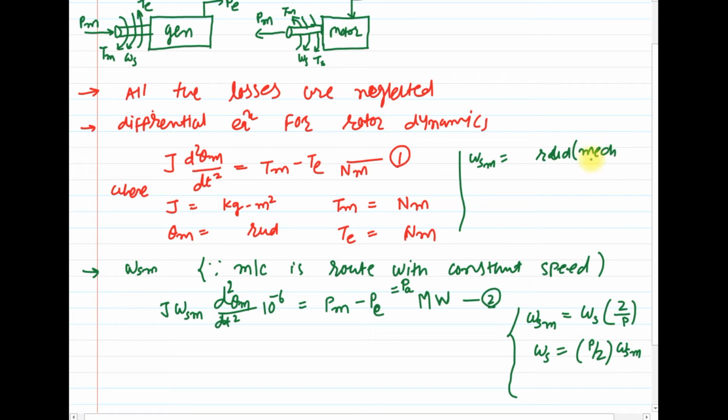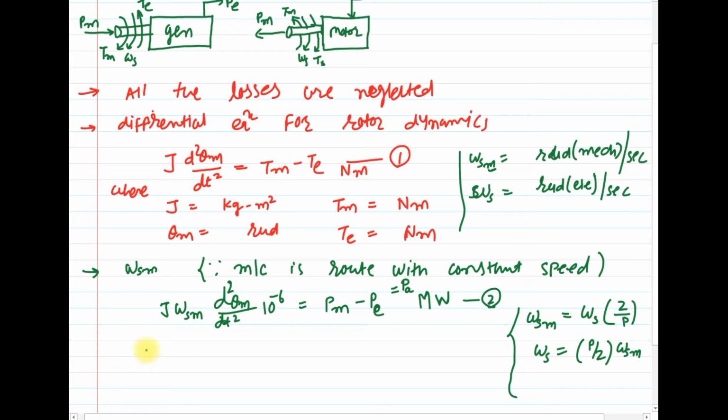Same way, omega S again shows the rotor speed in radian, but now the quantity changes, which is radian electrical per second. Clear? So just apply this equation in equation number 2.